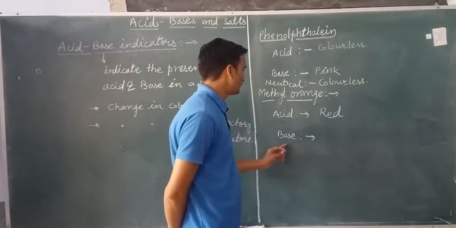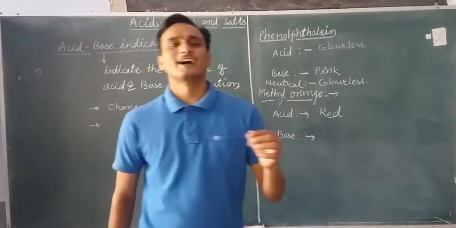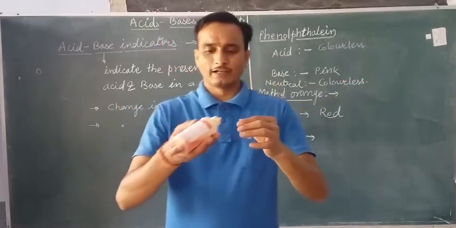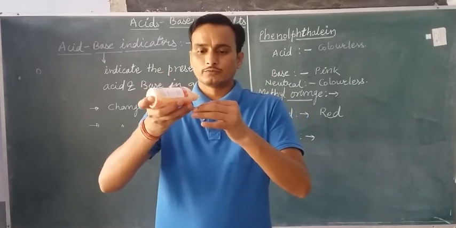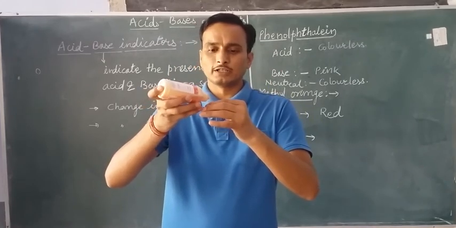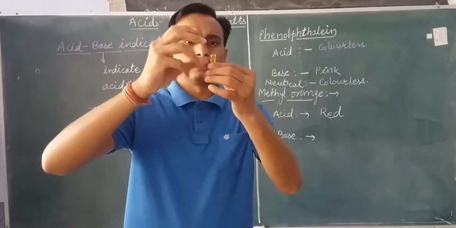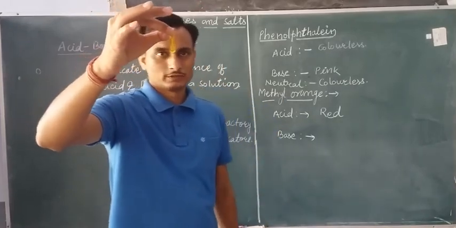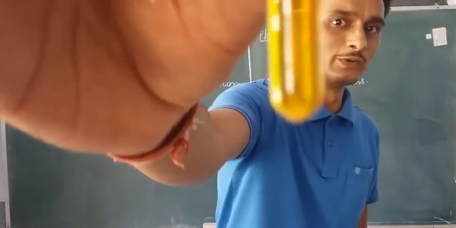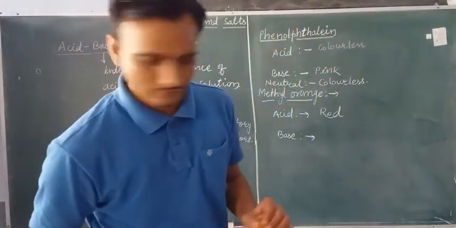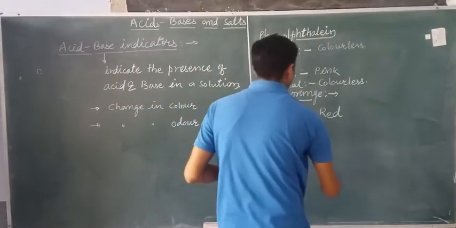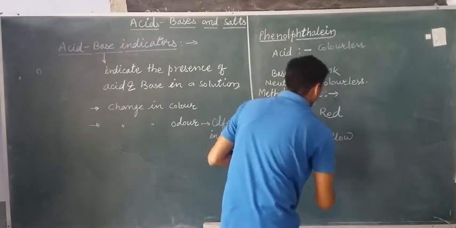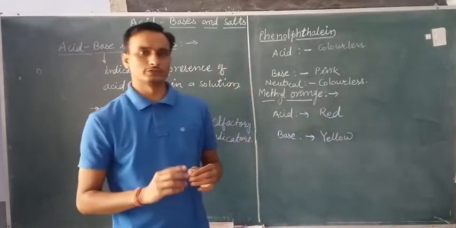Now we study the effect of methyl orange on base. I took base in a test tube and now I add a few drops of methyl orange in it. We observe that the color becomes yellow. So we conclude that it is yellow in basic solution.